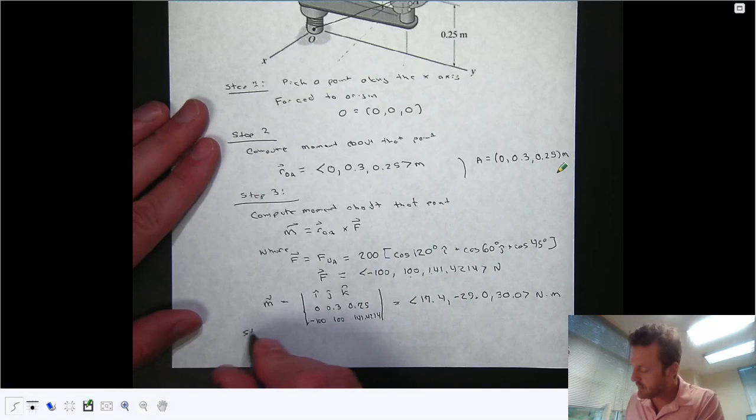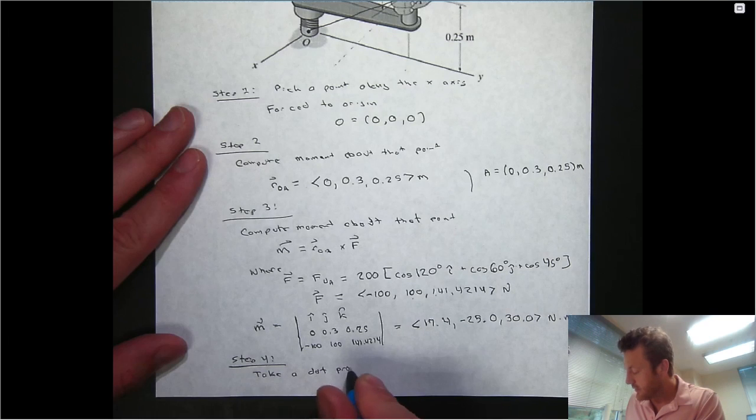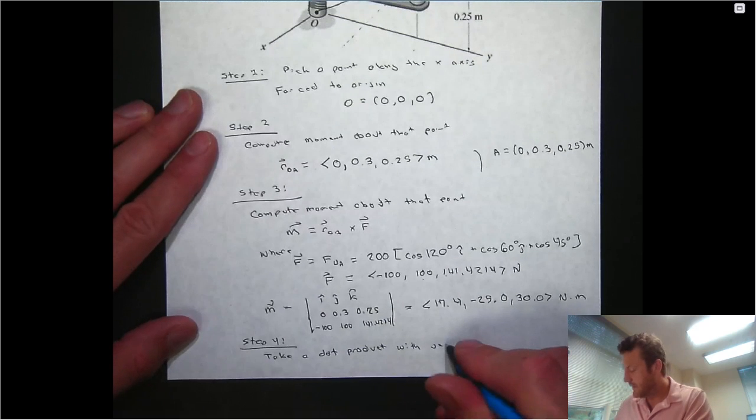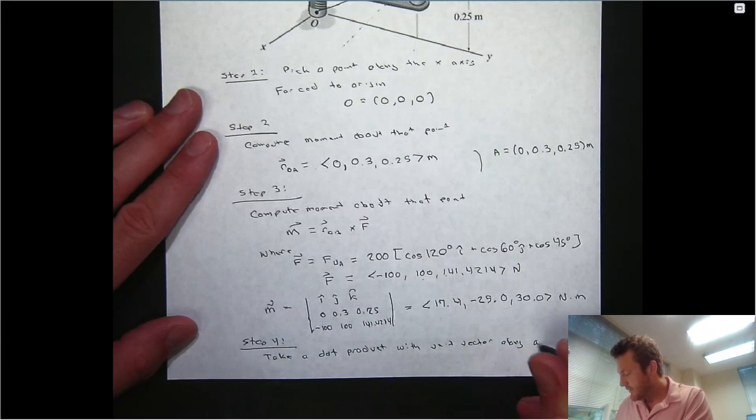So step 4, all that I need to do is take a dot product with a unit vector along the axis of interest.